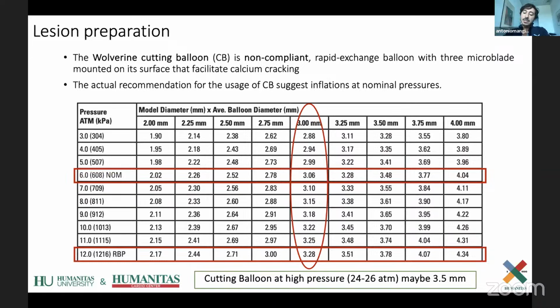So this is one of the key messages that I want to give you during this presentation. If you have to use a cutting balloon, especially after rotablation, the suggestion is always to downsize if you want to go high pressure.